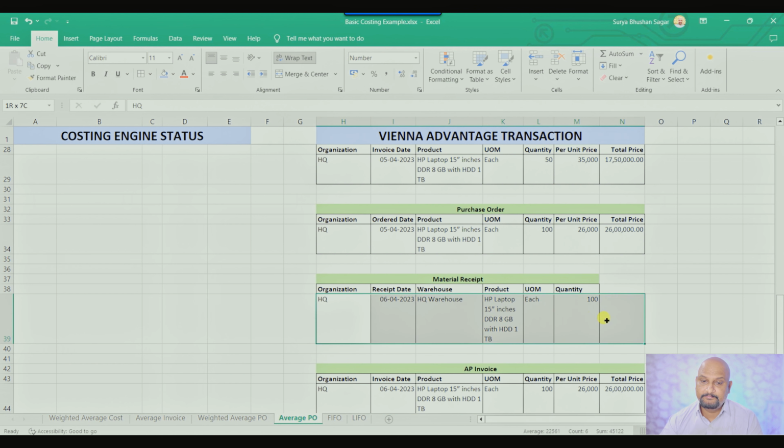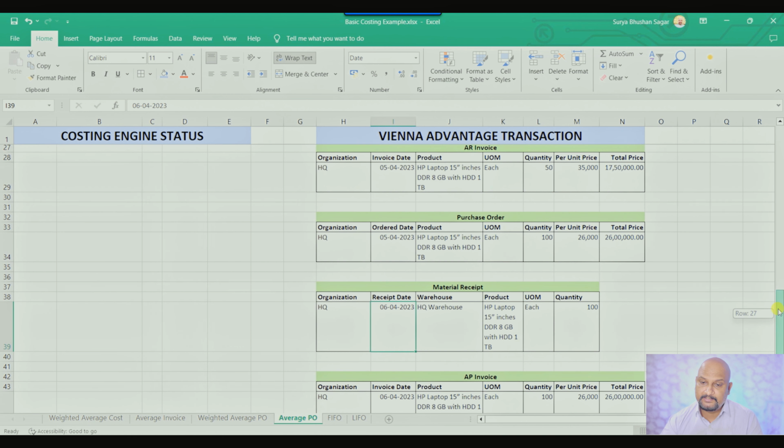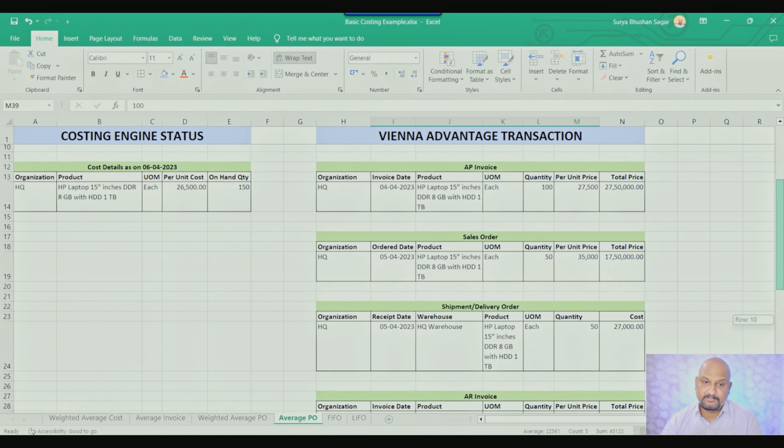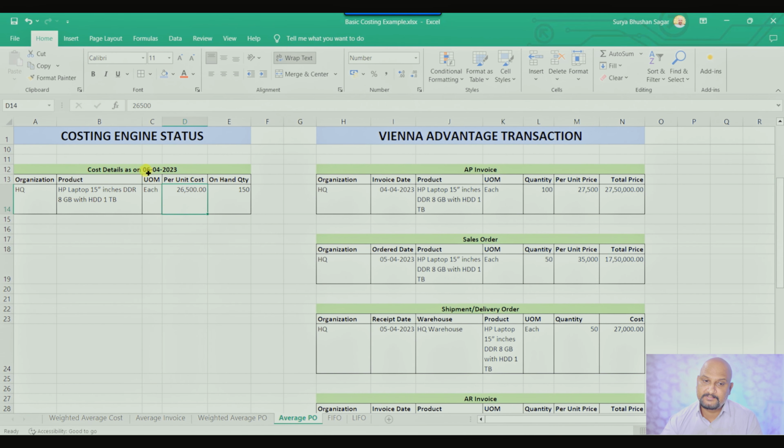Thereafter I'm receiving the same material on 6th of April. As soon as it gets completed, my cost status becomes 26,500 on 6th of April.